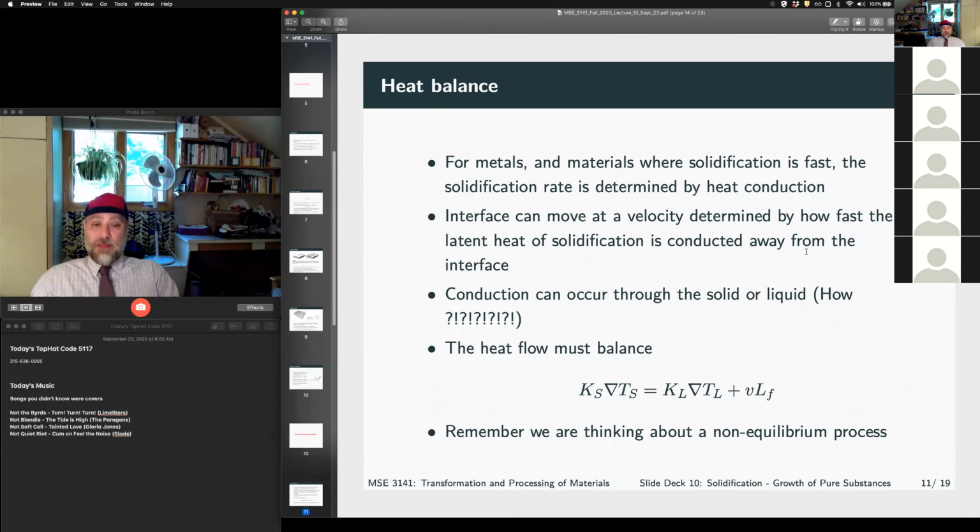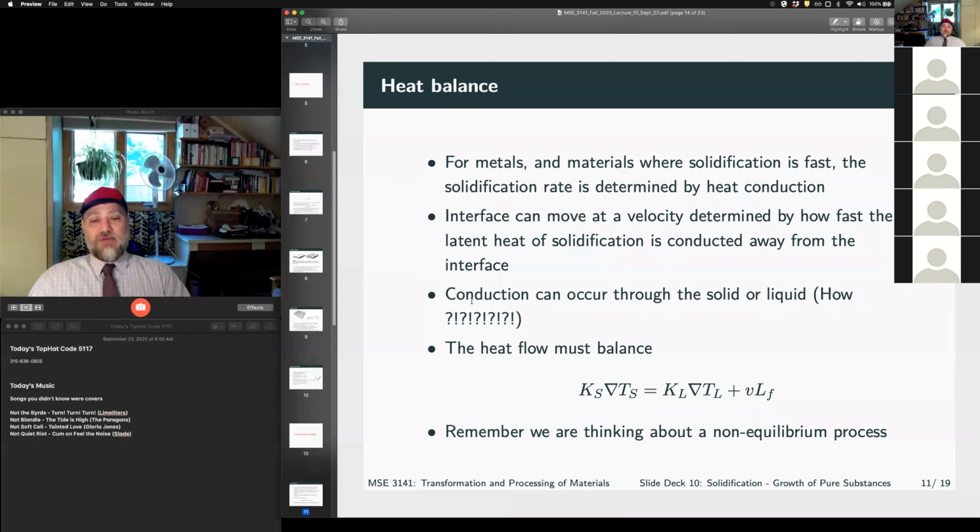like a needle. It's important to realize that this conduction of latent heat away from the solidifying interface can occur either through the solid or the liquid, which means it all depends on the direction of our temperature gradient.